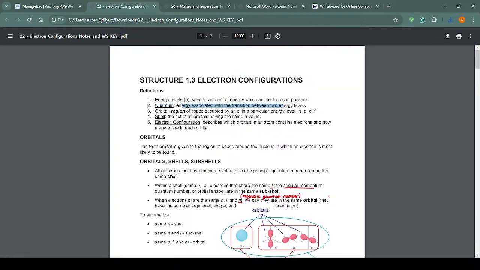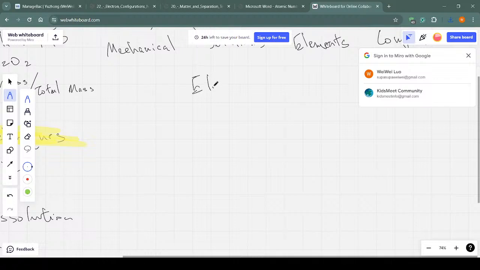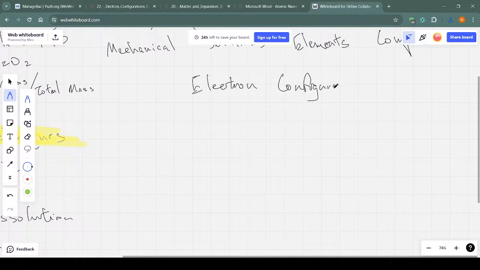Quantum, the energy associated with the transition between two energy levels. Orbital, region of space occupied by an electron in a particular energy level. SPDF. So S shells, P shells, D shells, F shells.